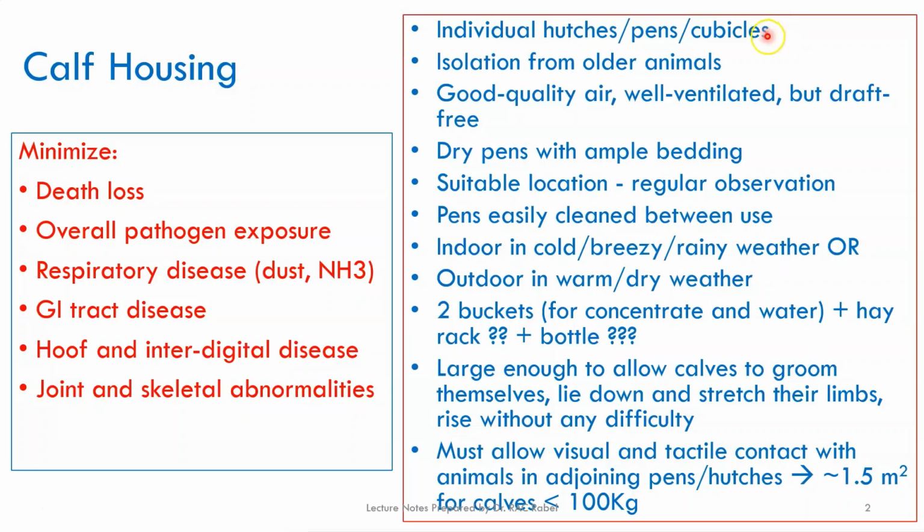So when you say calf pen, hutch, or cubicle, that refers to an individual calf pen. Whereas when you say a calf barn or a calf unit, it refers to the building encompassing all these different calf pens. So I'll show those as we go along, but do pay attention to these two terms.